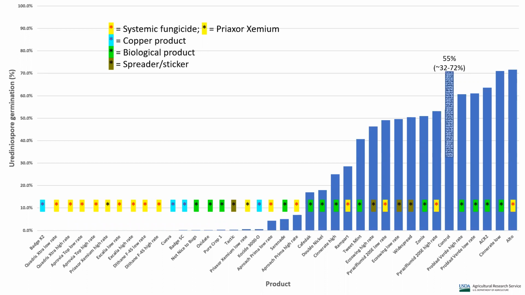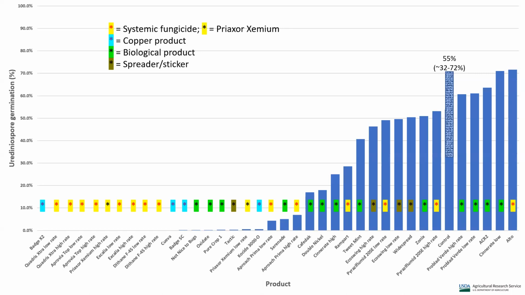Okay, so this is a busy slide, but I'll try to simplify. On the X, or the horizontal axis, is the number of products that we've looked at, and the Y, or vertical axis, is the germination rate of these spores, and we always compare it to a water control, which you can see mostly to the right with that fancy blue rectangle.